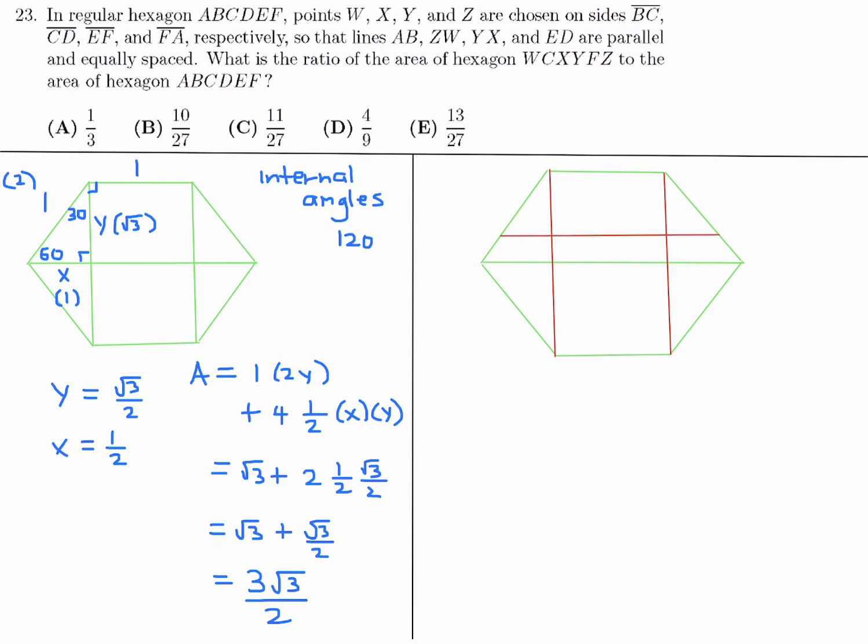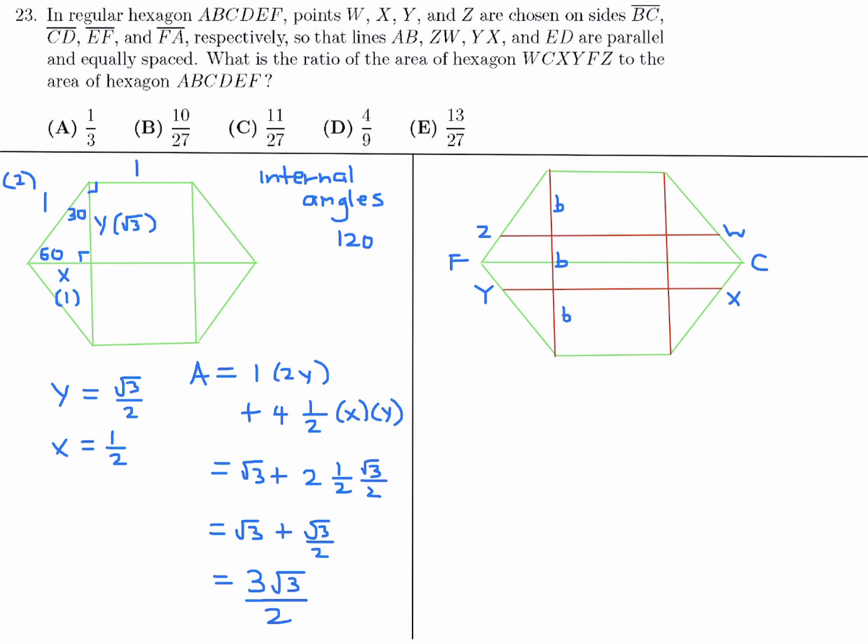So something like this, approximately like that. So if I label this, I've got Z here, W here, and then Y and X. And the endpoints were F and C. So for example, if this is B, this is also B, and this is also B. That's what they mean by equally spaced.